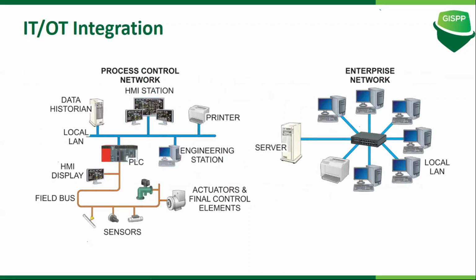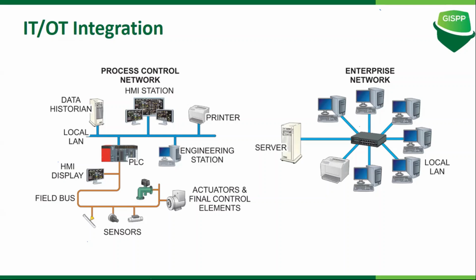So how do IT and OT workstations connect? Before, we saw a diagram where the data historian was collecting data from the PLC devices. Then we have an engineering workstation providing commands to the PLC devices. And then we have sensors, as I told you, prefabricated devices installed on the PLC board.